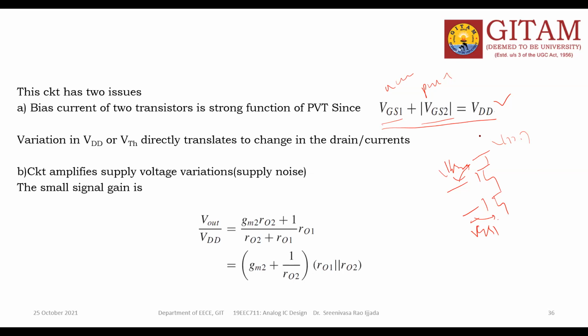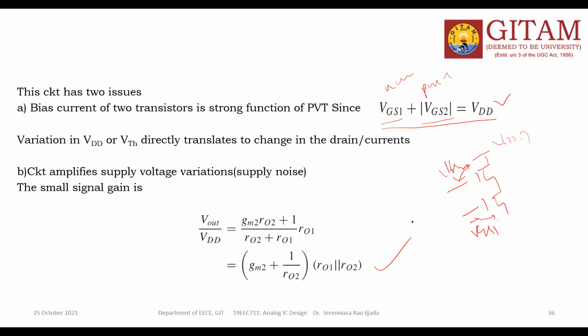Taking R01 common and dividing the numerator and denominator by R02, we get Vout by VDD is equal to GM2 plus 1 by R02, multiplied by R01 in parallel with R02.